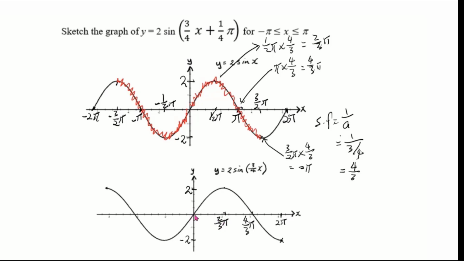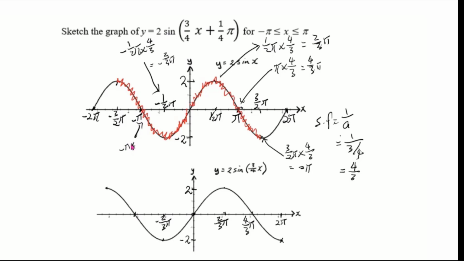Then the point which is at the center is always unchanged. Next we go to this point. Before enlargement it is negative 1 over 2 pi. After enlargement we multiply with the scale factor. It is negative 2 over 3 pi. So we label here negative 2 over 3 pi. Then same as this one. Before enlargement, it is negative pi.